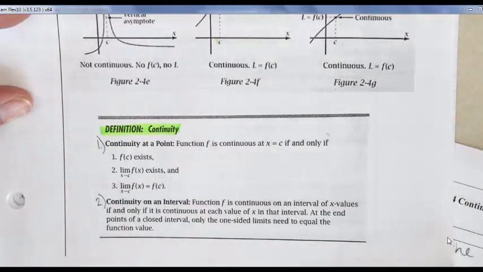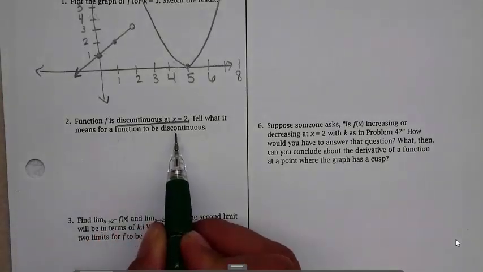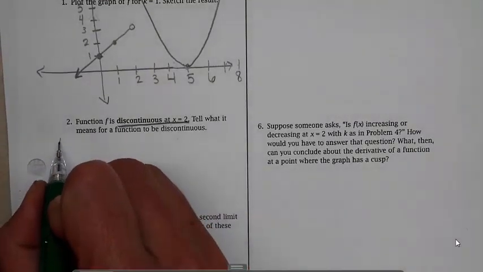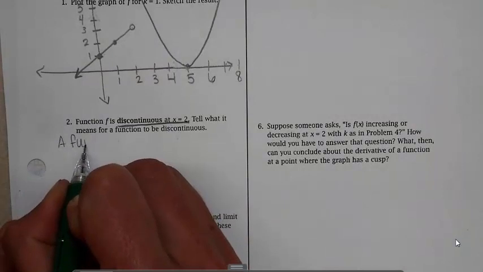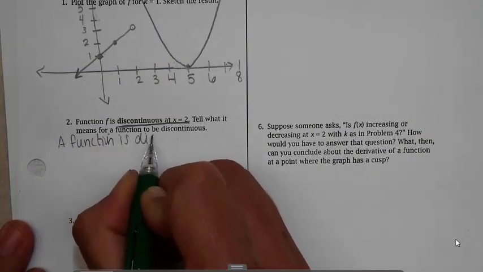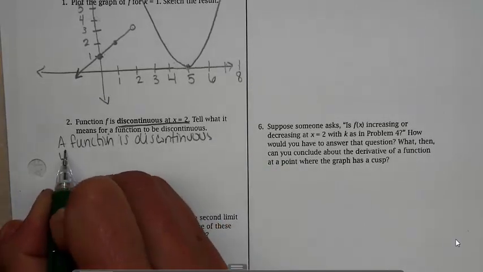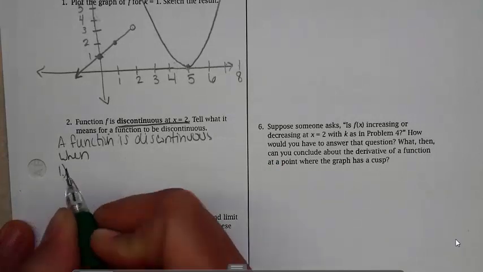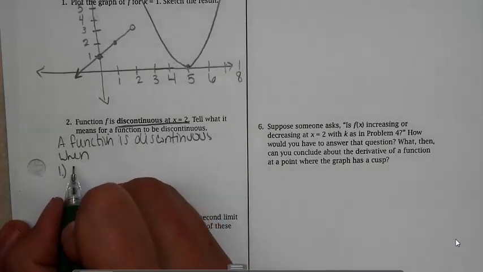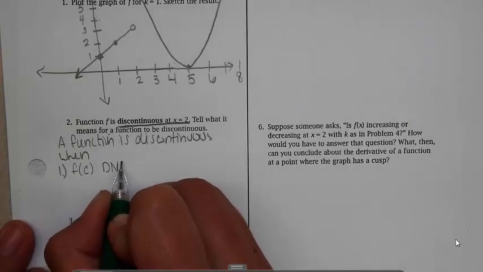Okay, so let's fill out our exploration. Tell what it means for a function to be discontinuous. We can say a function is discontinuous when, one, f of c does not exist or is undefined.